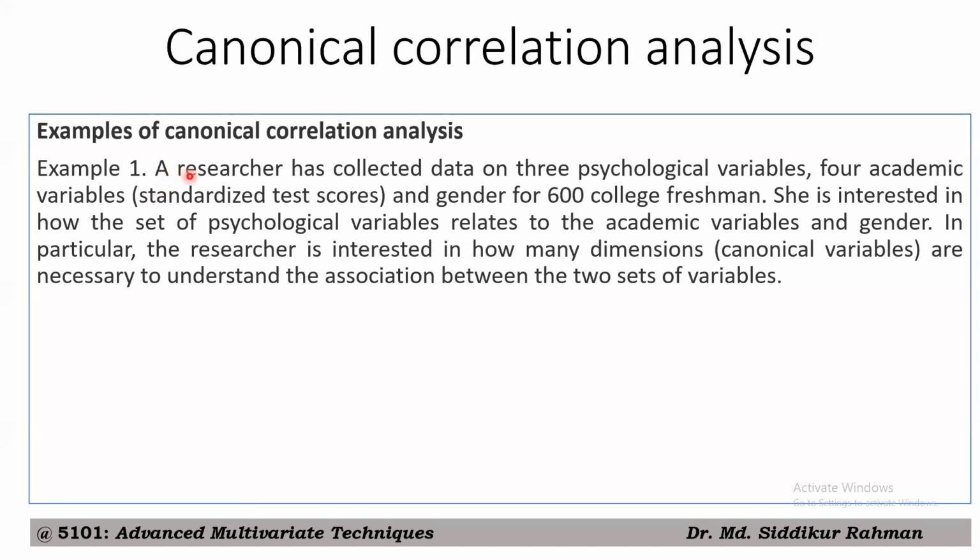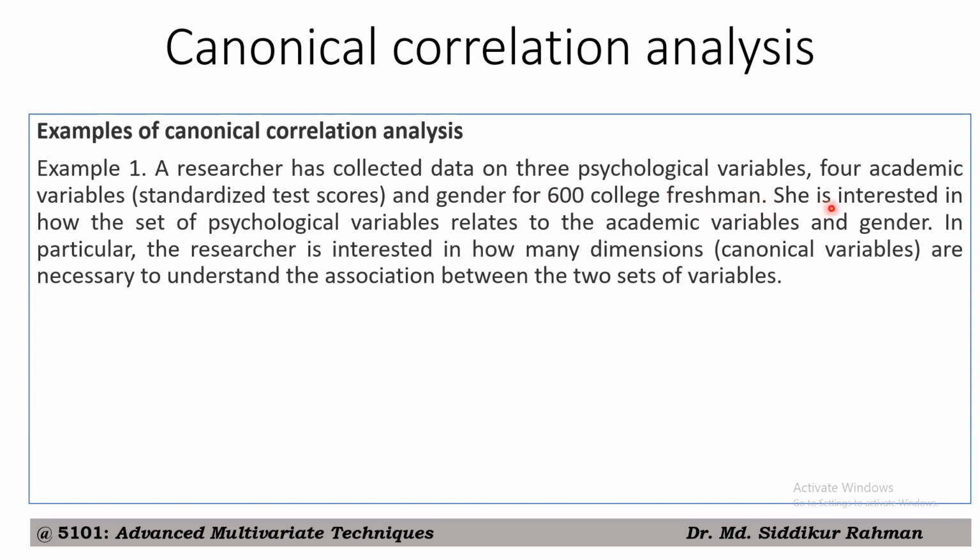So we can say the good examples for the canonical correlation analysis. Suppose a researcher has collected data on 3 psychological variables and 4 academic variables, right? These 4 academic variables are based on standardized test scores. Also, the researcher can incorporate another variable, gender, with a sample size of 600 college students.